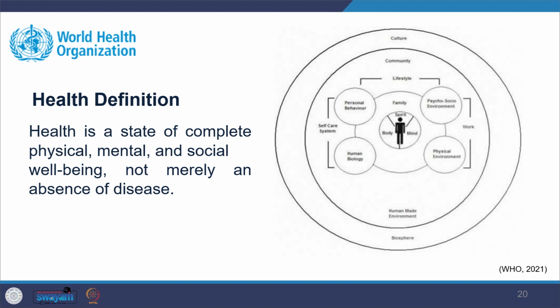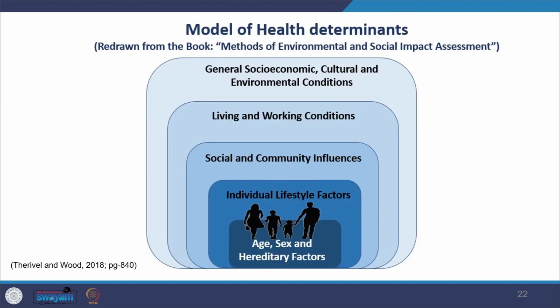And then, not just your individual capabilities, but also personal, environmental, economic and social factors, and how they create the environment for health. Healthy people would be the people who are able to cope with everyday activities and to adapt to their surroundings. In the diagram, you can see determinants of health ranging from individual lifestyles, which are influenced by social and community factors, which further depend on living and working conditions, which further influence the socioeconomic, cultural and environmental conditions.